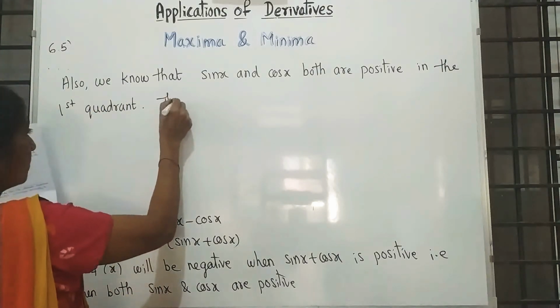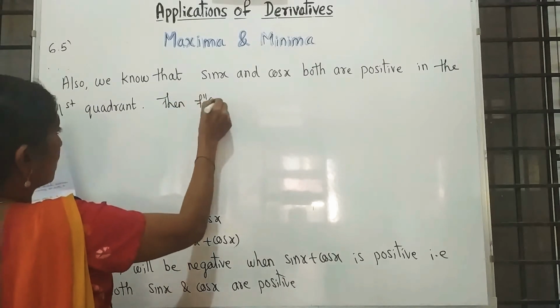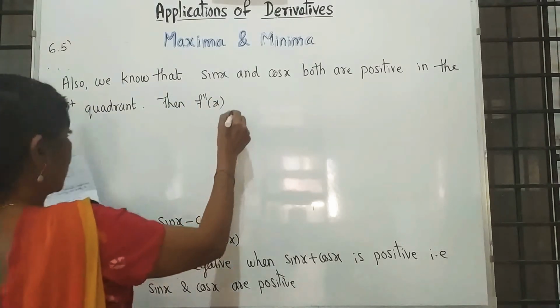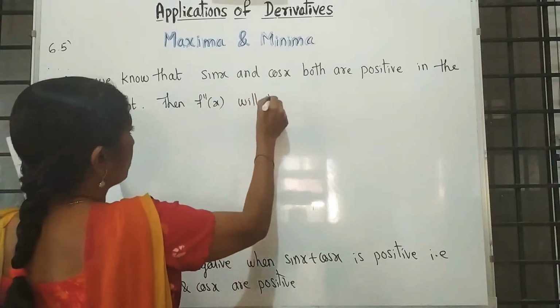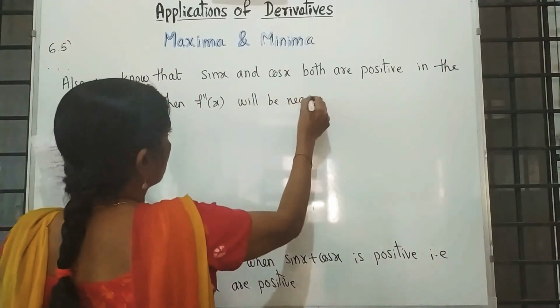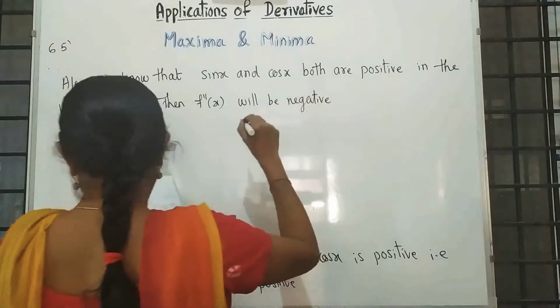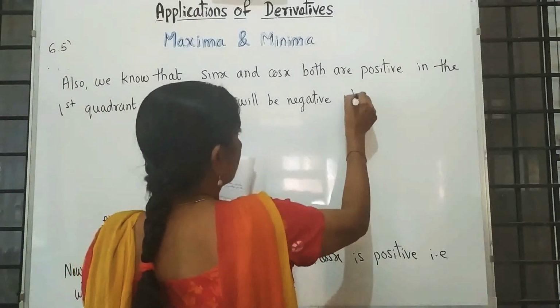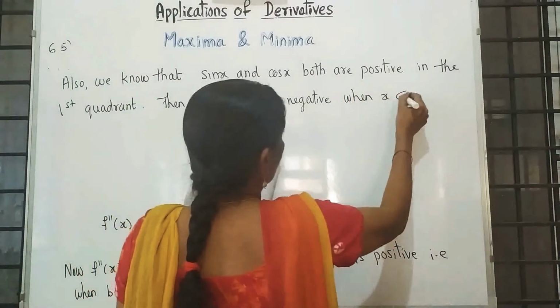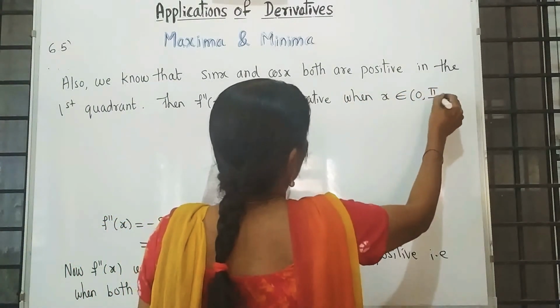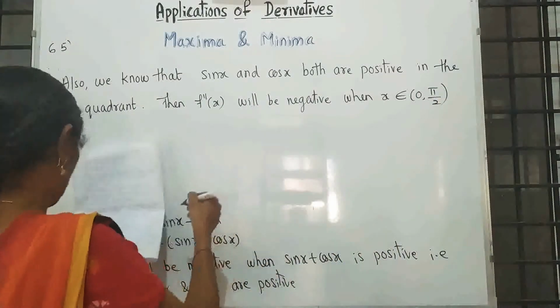Then f double dash x will be negative when x belongs to the first quadrant, means in 0 to pi by 2.